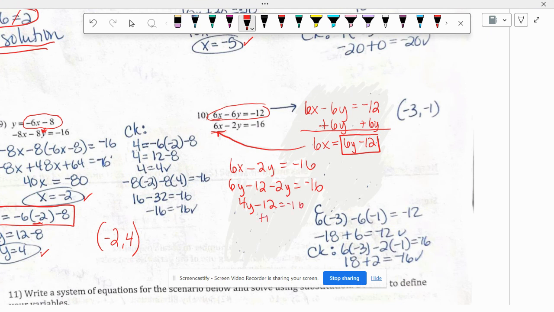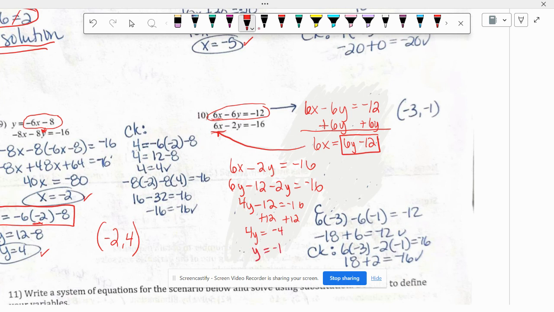When I add 12 to both sides, I get that 4y equals -4, which means y equals -1.